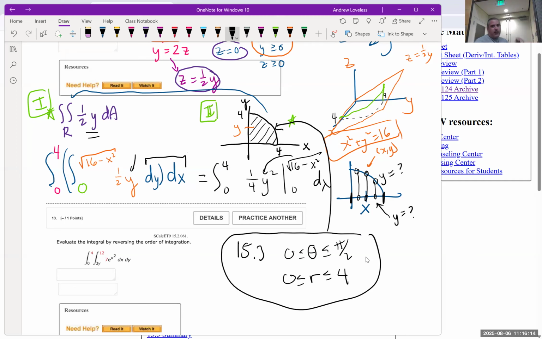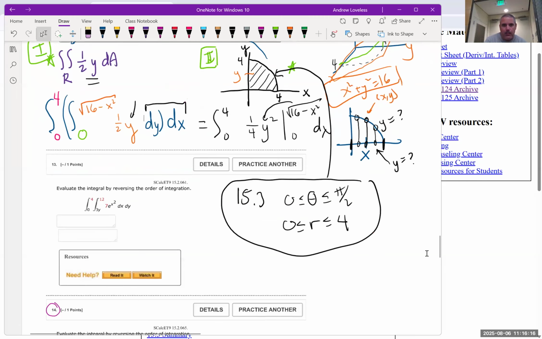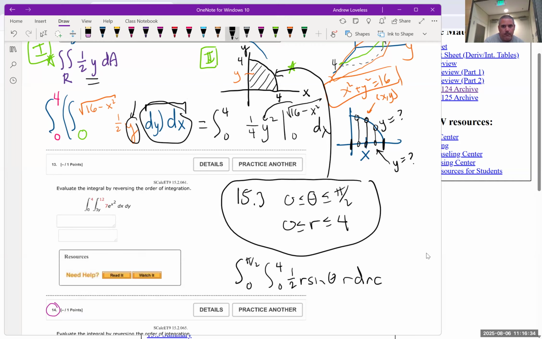That won't be on our test, but just so you can see, the third option for this would be 0 to pi over 2, 0 to 4. We'd replace the y by what is equivalent in polar, which is r sine of theta. And then we would talk like a pirate, r already theta. So that's what we talk about in that section.